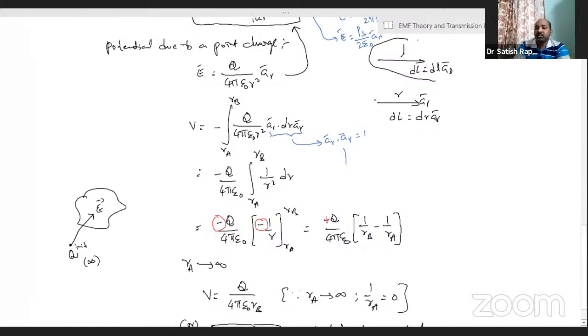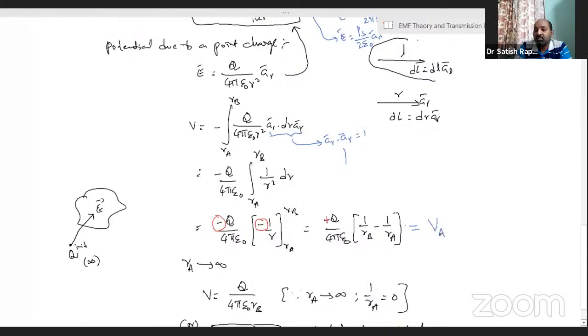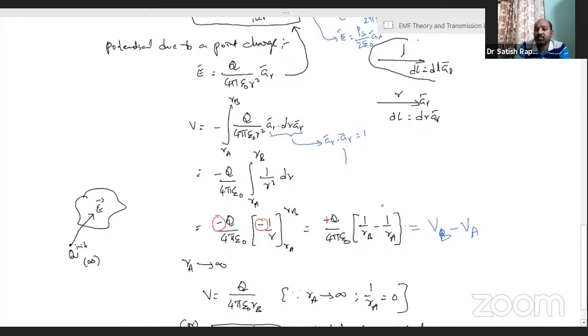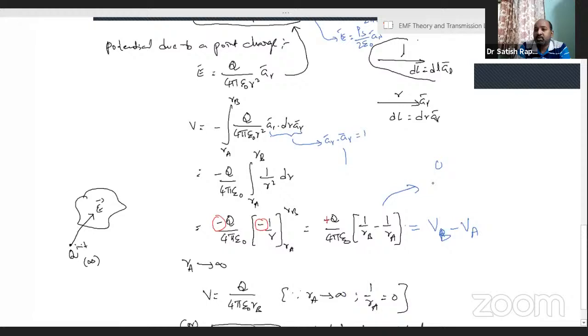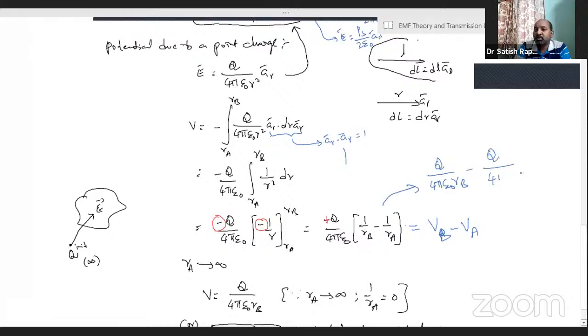And one more thing is, this is nothing but the potential difference. Here you can see, VB minus VA. This can be written as Q by 4 pi epsilon naught RB minus Q by 4 pi epsilon naught RA.